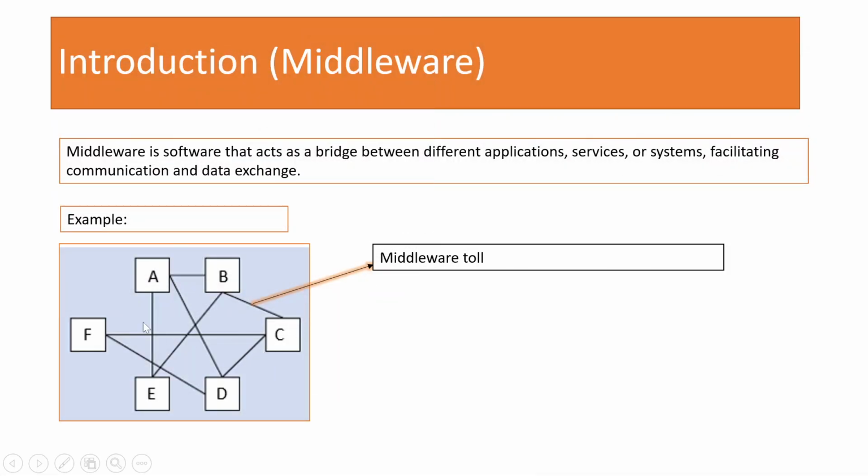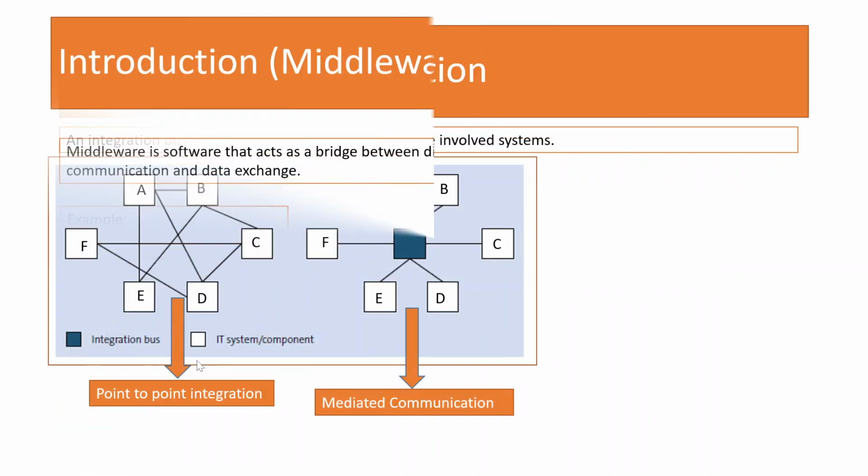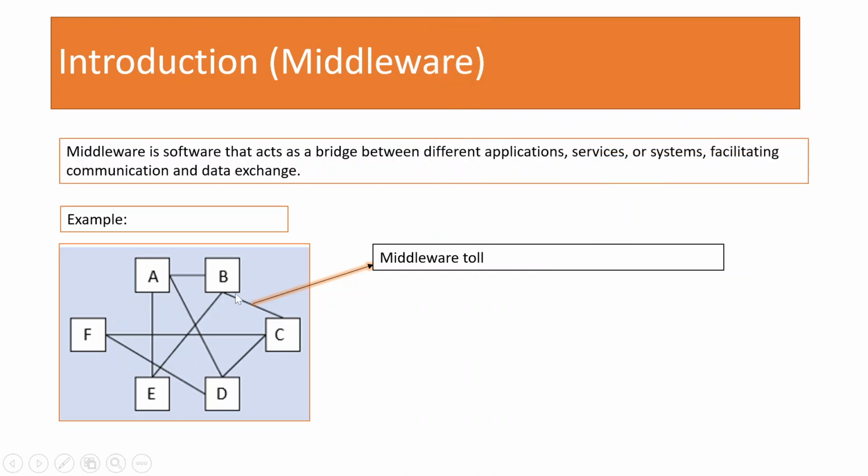So far we have discussed this connection, called point to point. Just try to map this diagram with our DMAT example. This is one branch of DMAT, this is another branch. The middle line between the connection from B to C is called the middleware tool.